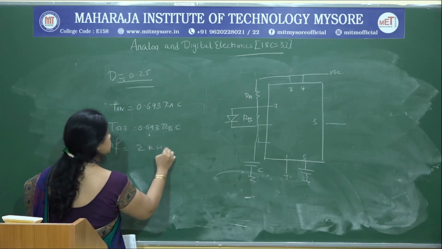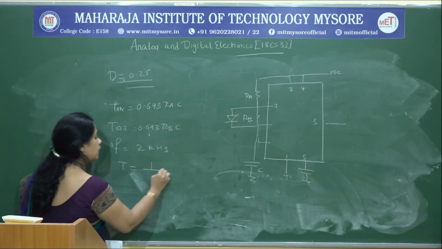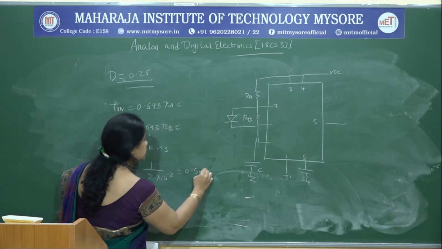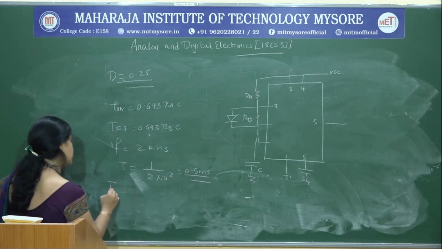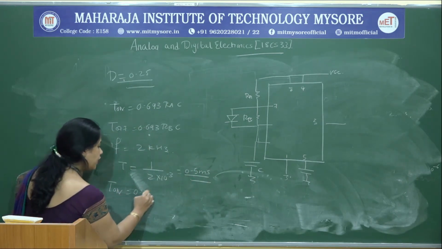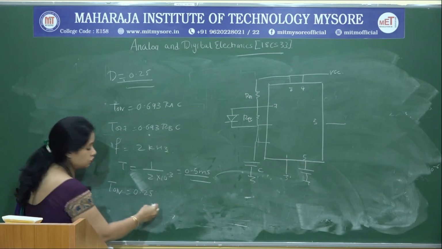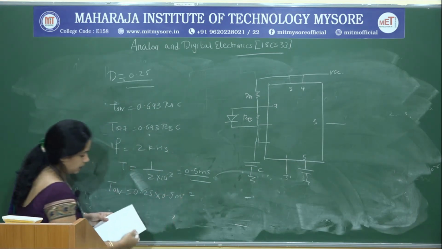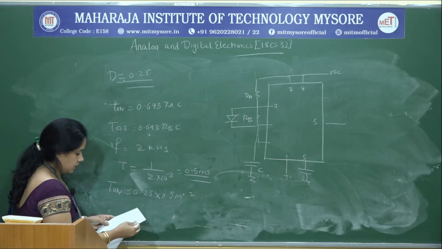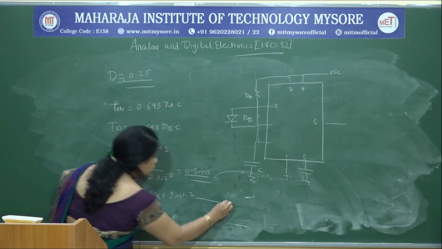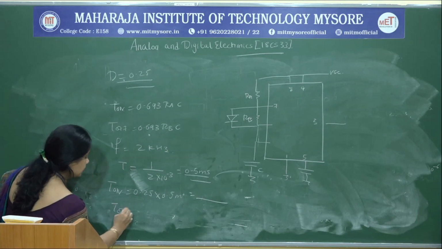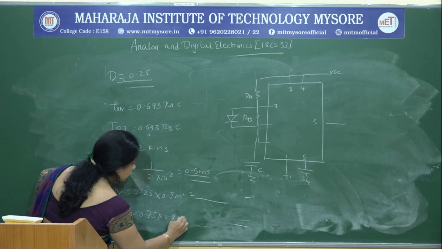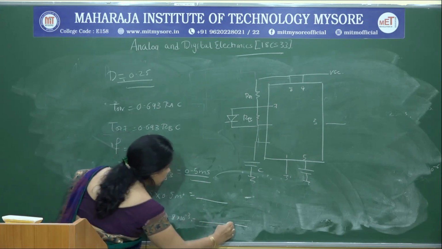So, for 2 kilohertz the time period is 1 by 2 into 10 power minus 3, which is 0.5 milliseconds. Therefore T on is 0.25 into 0.5 milliseconds, which is some value, and T off is 0.75 into 0.5 into 10 power minus 3, some value.